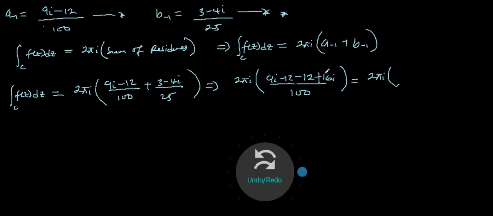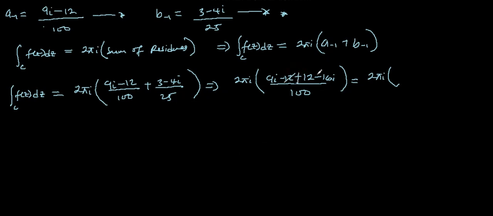so minus 12 plus 12 we go to 0, then 9i minus 16i will give us minus 7i divided by 100, and from here you discover that i times i here will give you minus, then affecting this minus, and also 2 we divide 100 by, so we are going to have 7 pi over 50.